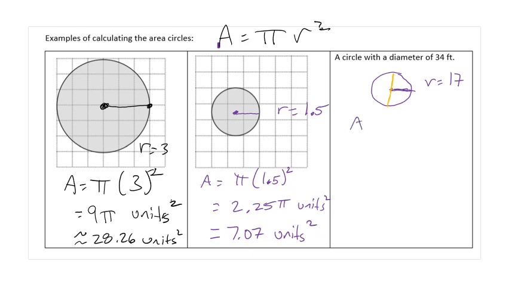So my area is going to be pi times 17 squared. That'll give me 289 pi units squared.